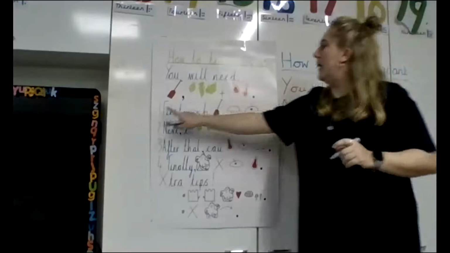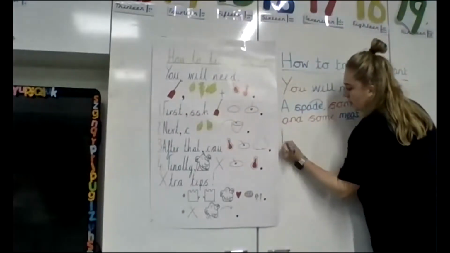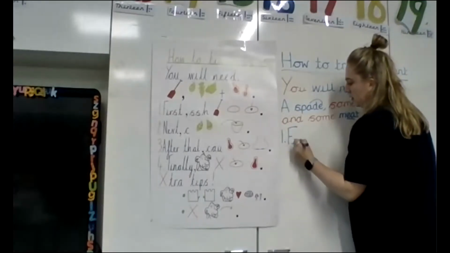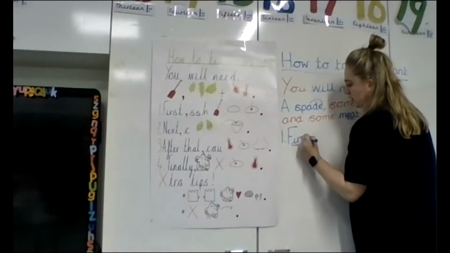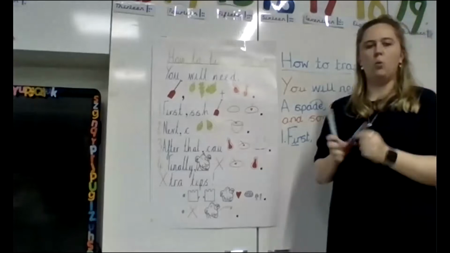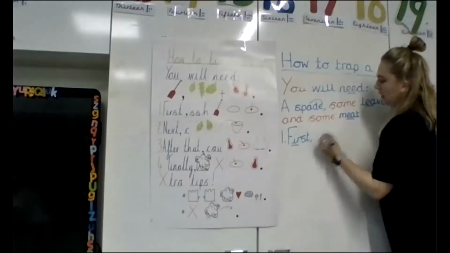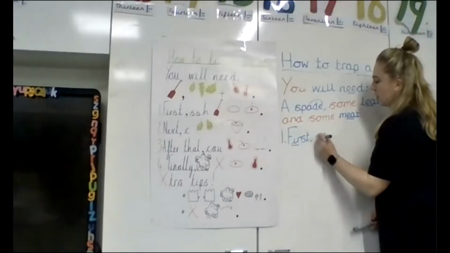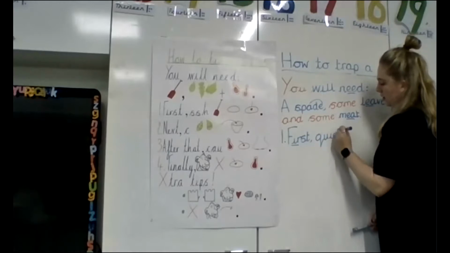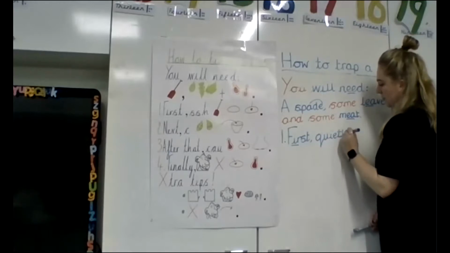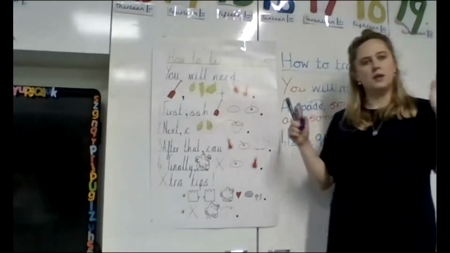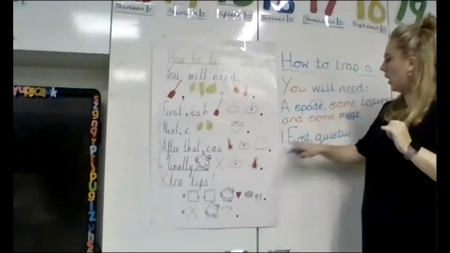Okay, so number one. Capital letter. First, comma. Quietly. Quietly is tricky, so I'll help you with that one. Quietly. Let me start from the whole sentence just to make sure I've got it. One.